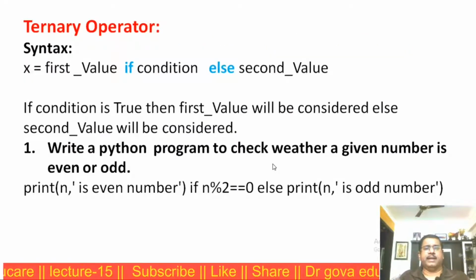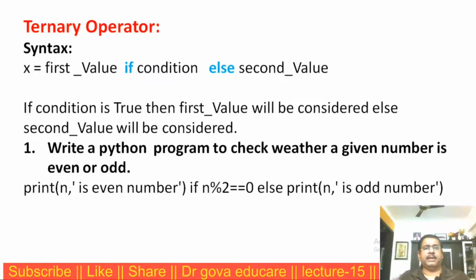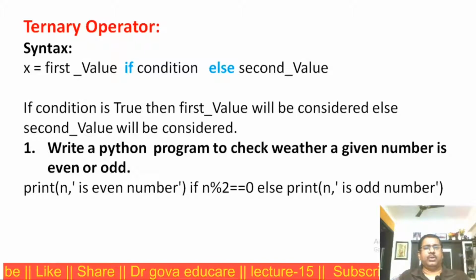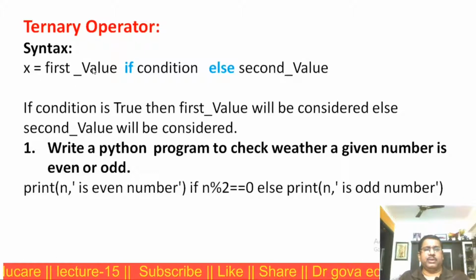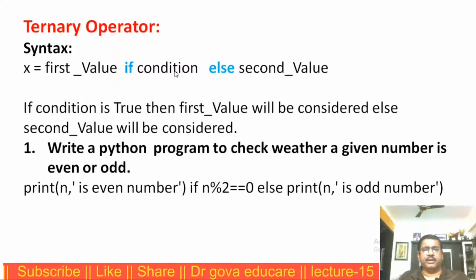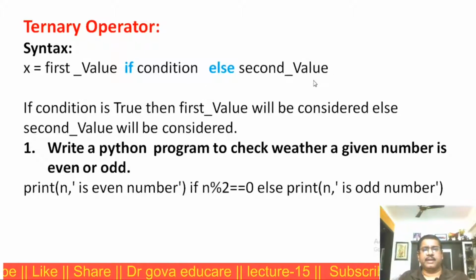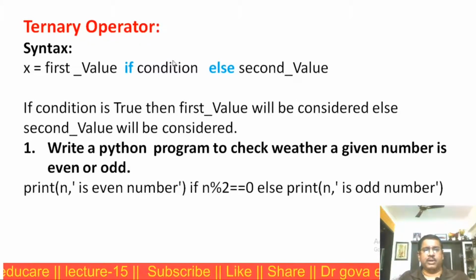Ternary operator. Now in Python programming, there is no direct ternary operator. The syntax: x is equal to first value if condition, else second value. Now the condition is evaluated as either true or false.